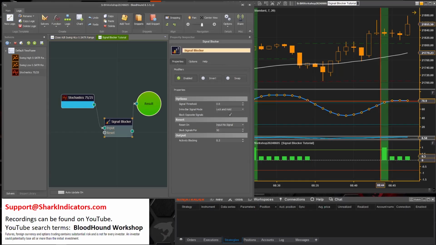Because the stochastics didn't get above 75. Well, that's because intra-bar, this long wick could have pushed the stochastics up to generate a long signal. But then price came back down, obviously.